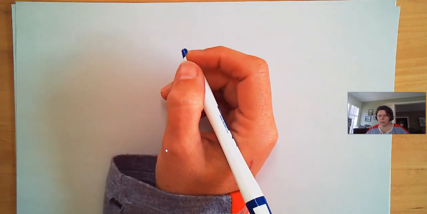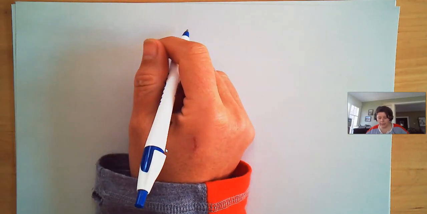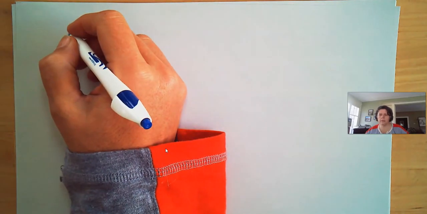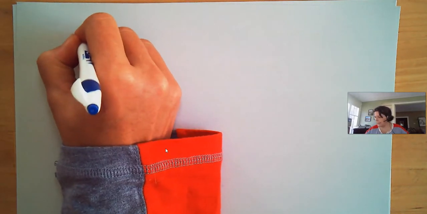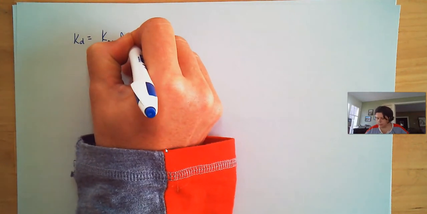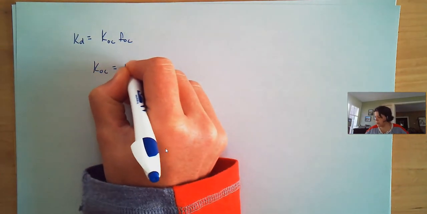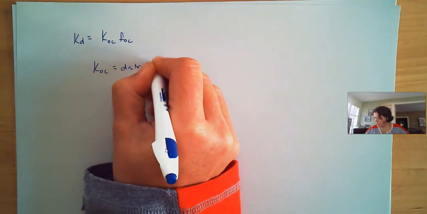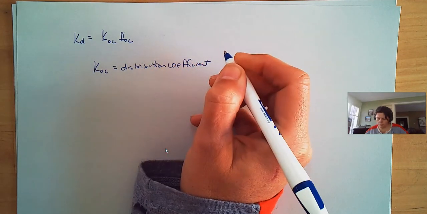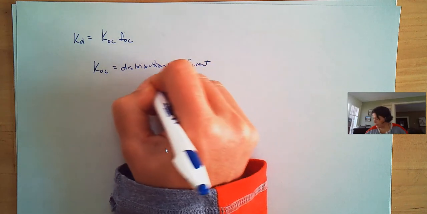And so what we actually have to do with these particular compounds is look at the amount of organic carbon that's in the system. Because these things are dependent on that, our KD in the system equals our KOC times our FOC, where KOC equals the distribution coefficient for the solute with organic carbon in the soil.